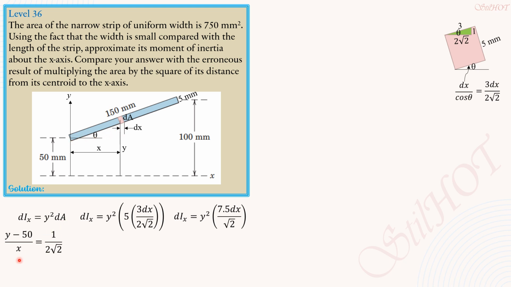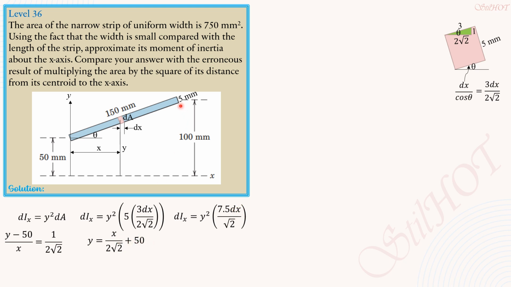As to x, y minus 50 over x, that's the slope also of this inclined side of the strip, equals 1 over 2√2. So y equals x over 2√2 plus 50. That is y, and the variable of integration is x.